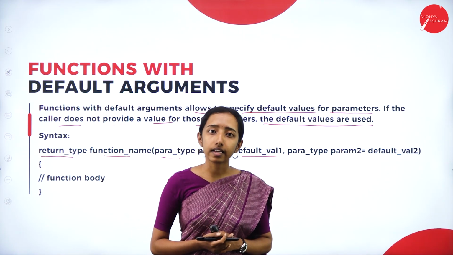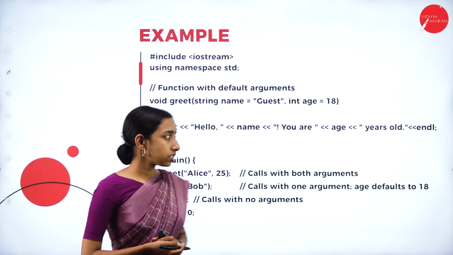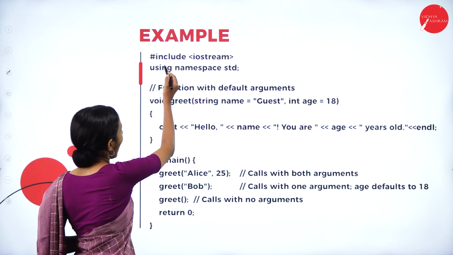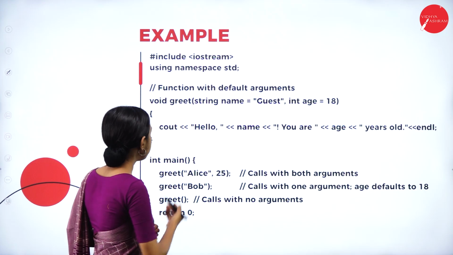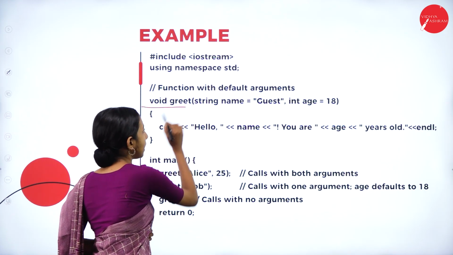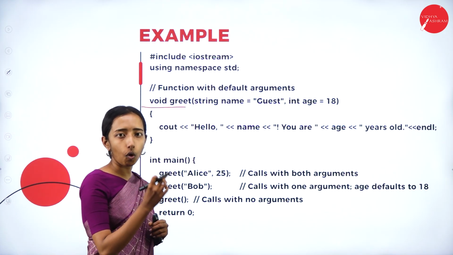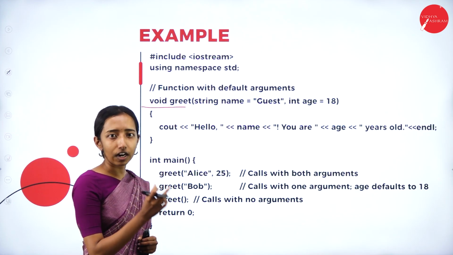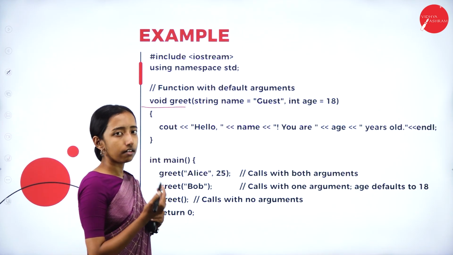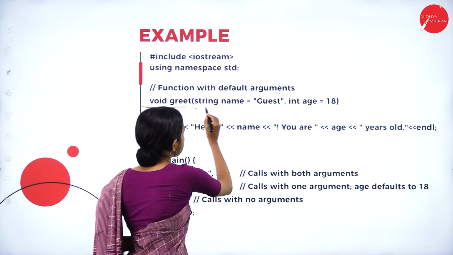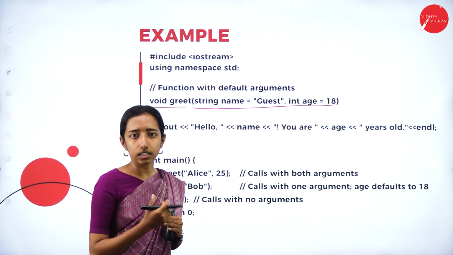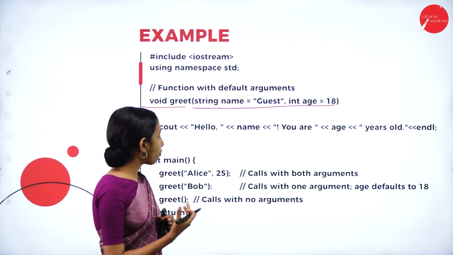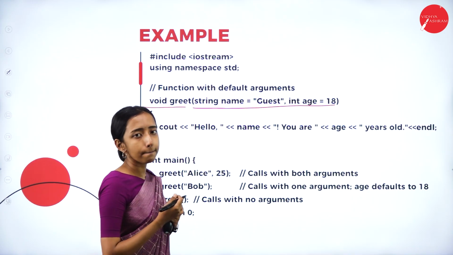So let us see an example of how this works. Here we have #include iostream and using namespace std. Here you can see I have taken a function void greet. Greet is the function name and void is the return type, and these are the default arguments I am passing.